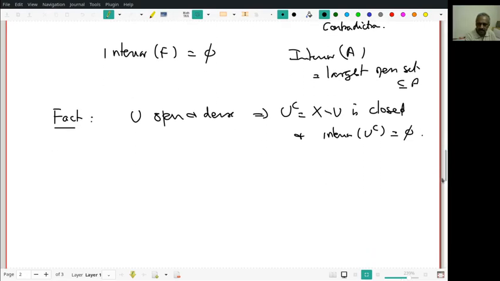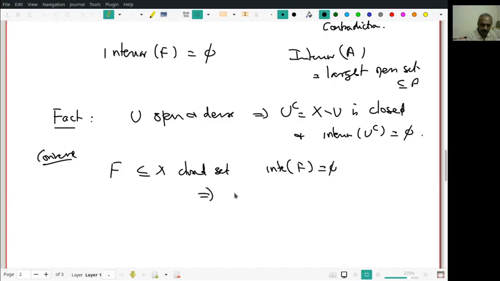The converse is also true. What is the converse? Suppose I start with F, a closed set, and such that the interior of F is empty.